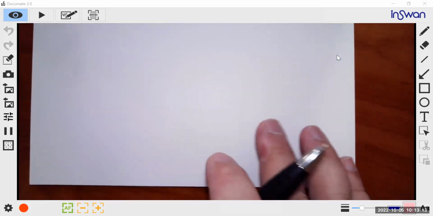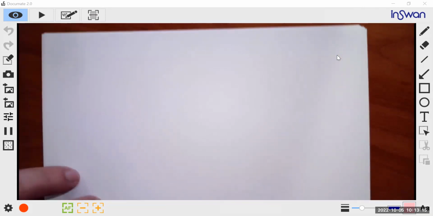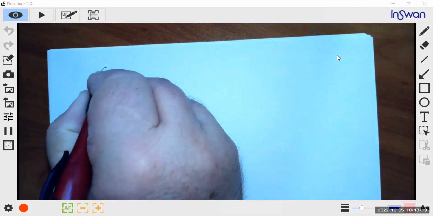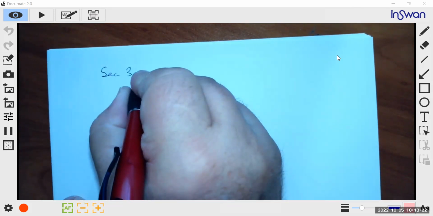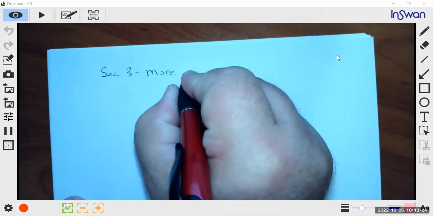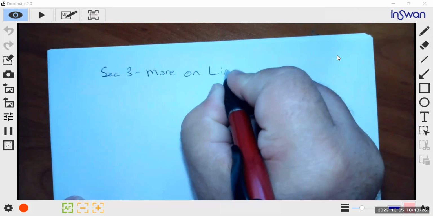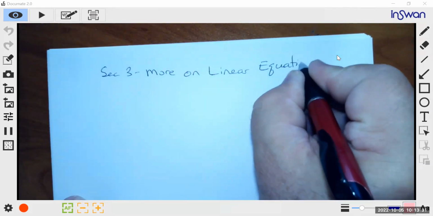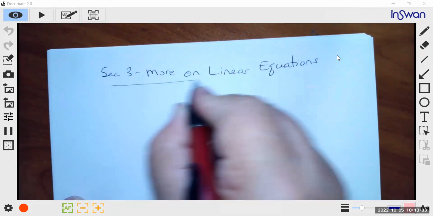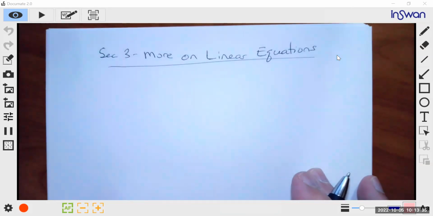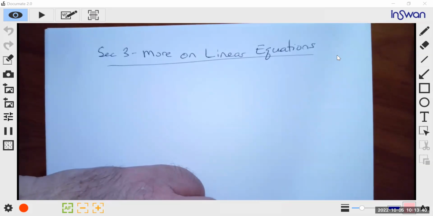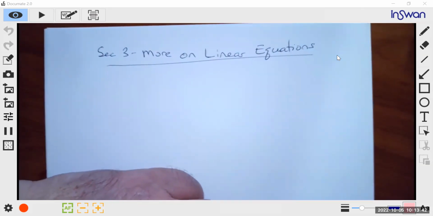We're going to do it another day. Section 3, more on linear equations. Let me find some examples that we've done already, but bigger ones.